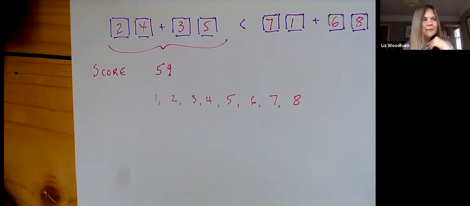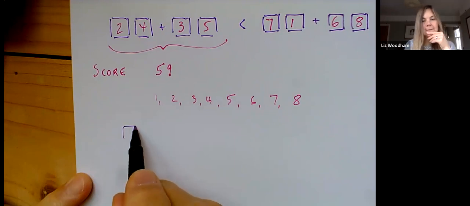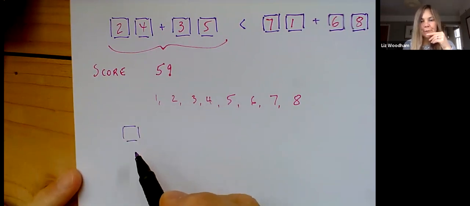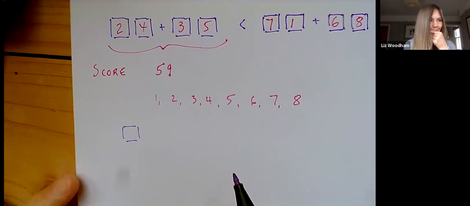I've seen one post of 135, which I'm not sure is possible if we're wanting to make that inequality correct as well, using all those numbers once. Well done, though.